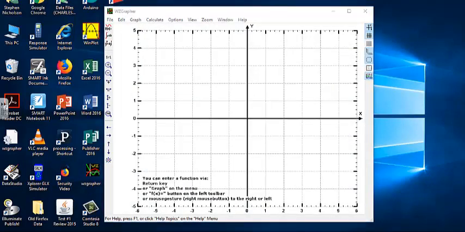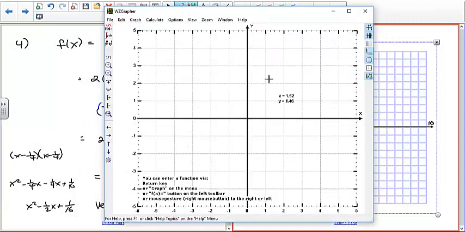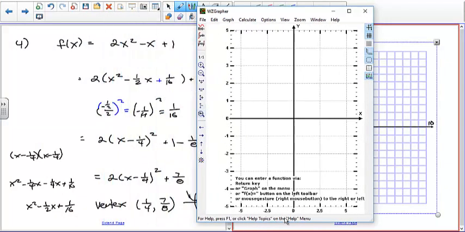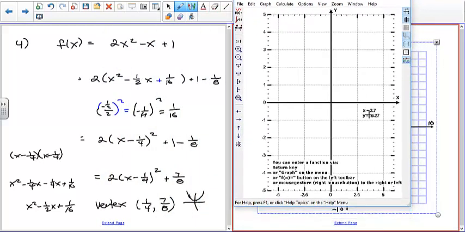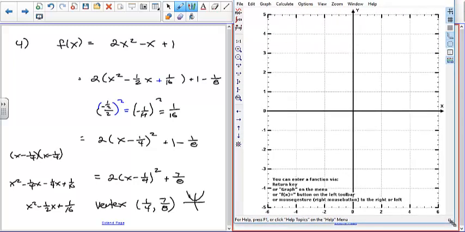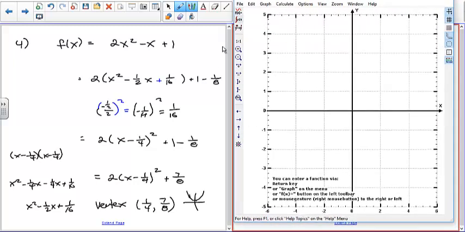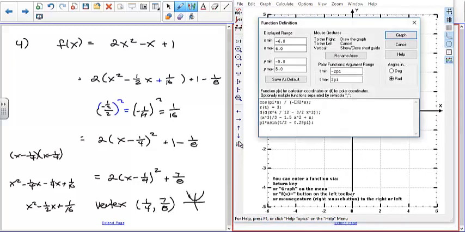Now I'm going to show you how you can prove that we're doing things correctly by using graphing software. I'm going to shrink it up a little bit so I can keep it on this one side. The first thing I'm going to do is plot the original function, which is 2x squared minus x plus 1.